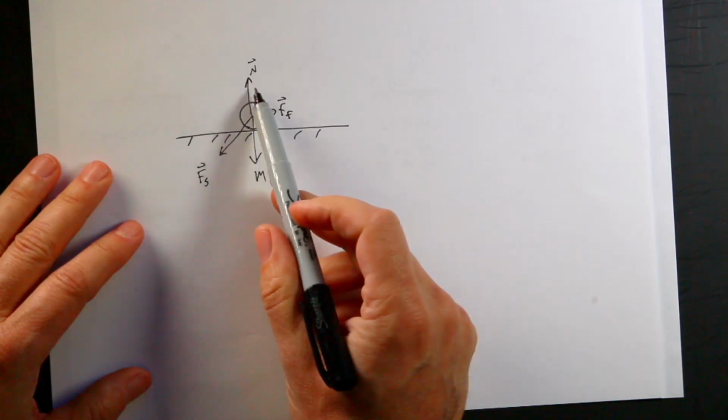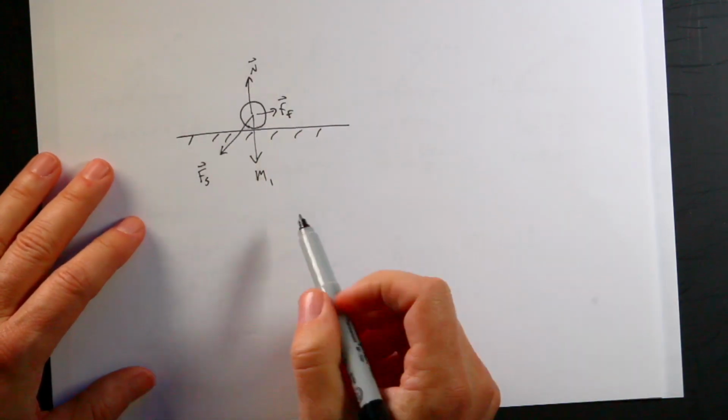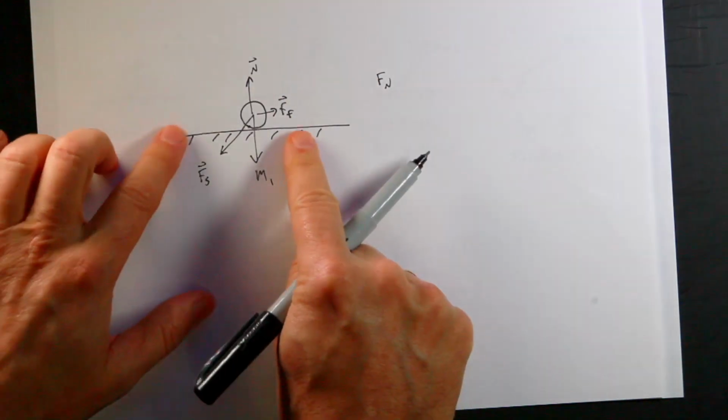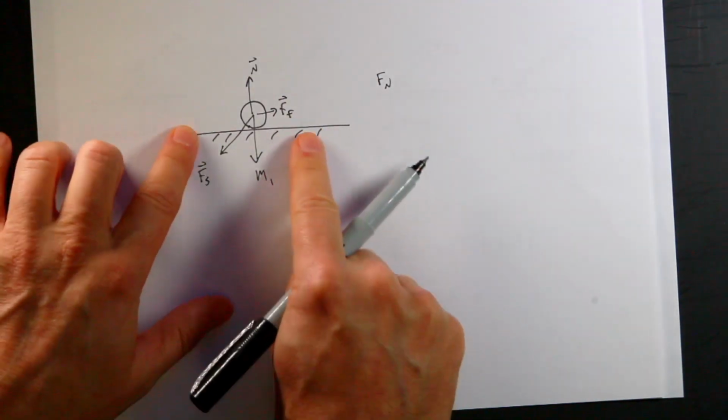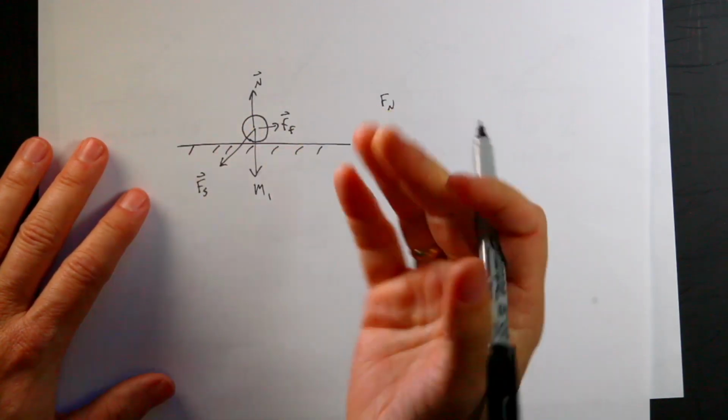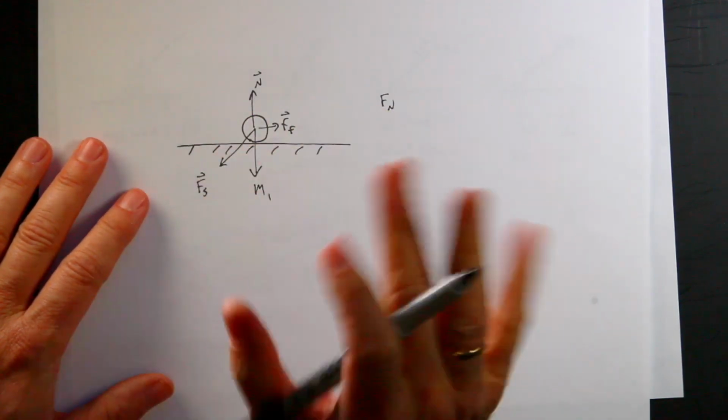So I need to find that normal force. So here's what I could do. In the y direction, I could model this as another spring and say it's getting pushed into the floor, and just calculate that spring force into the floor. But I don't want to do that.